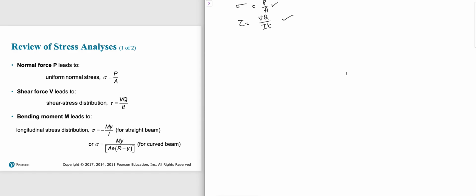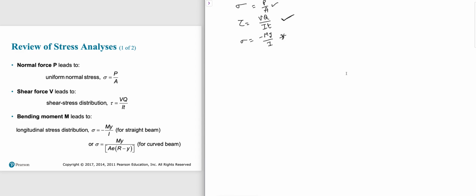Tau is equal to VQ over IT, and then for bending moment, sigma is equal to negative My over I, right? This is stress due to bending moment. This one is stress due to shear force.